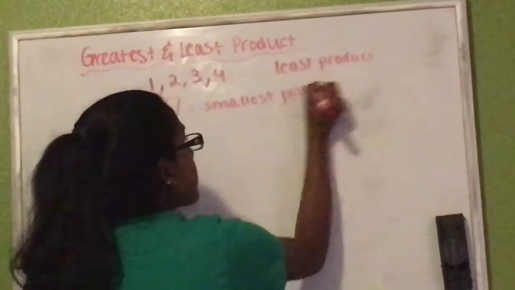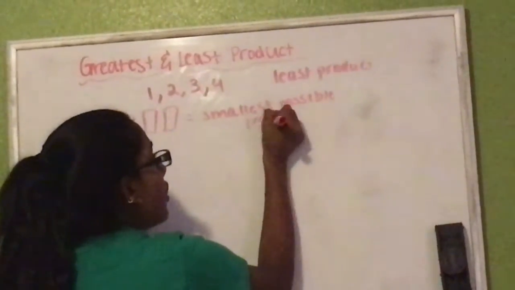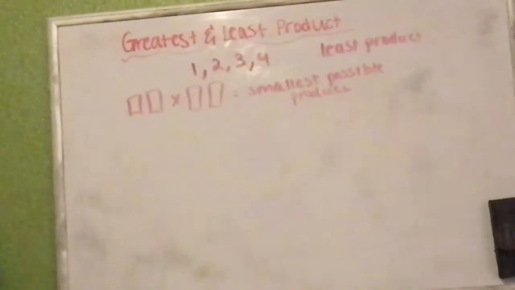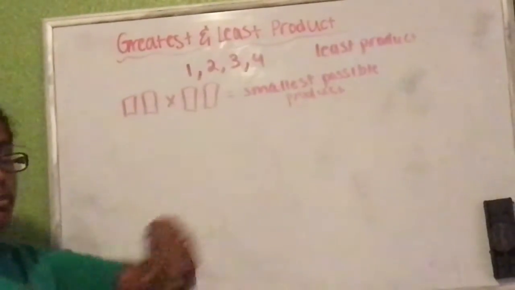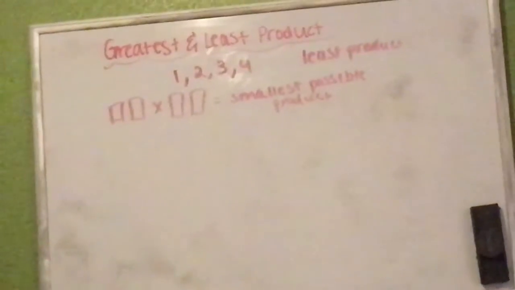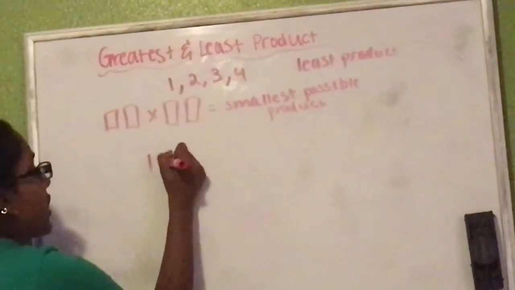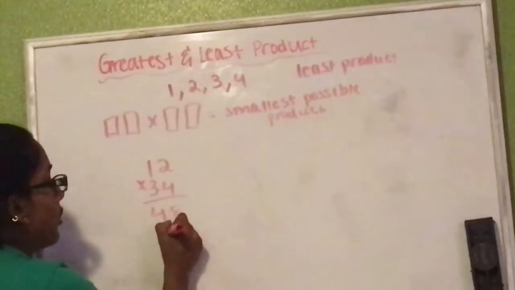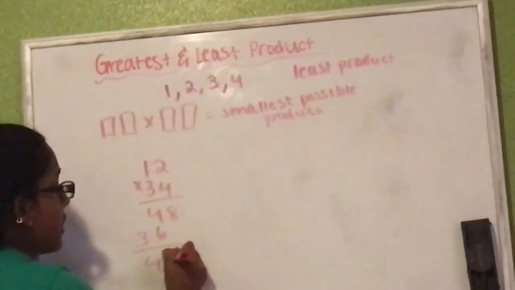So how would we do this? Well, there are two methods. First method, just plug in a bunch of numbers and keep trying. So we could do 12 times 34, which gives us 408.